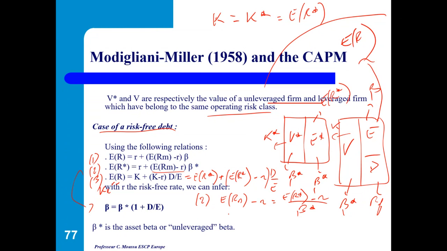Then what I extract here, I replace in equation 1. So equation 1 will be ER equals R plus, replacing this with what I have here, (ER star minus R) over beta star multiplied by beta.